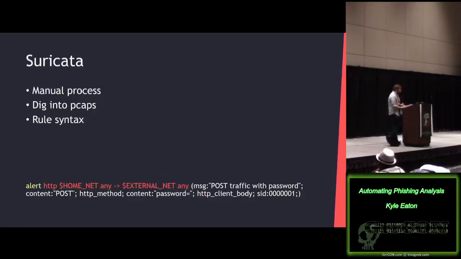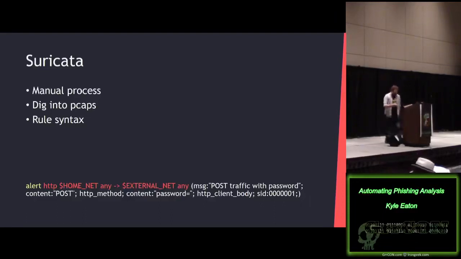Another downside to all the manual stuff that hopefully we can resolve is that you're having to capture a PCAP for each page and then dig into the post body, or open up the network tab in Chrome or whatever, and try to actually view the post body. If we can automate it, that's going to be a win for creating detection.